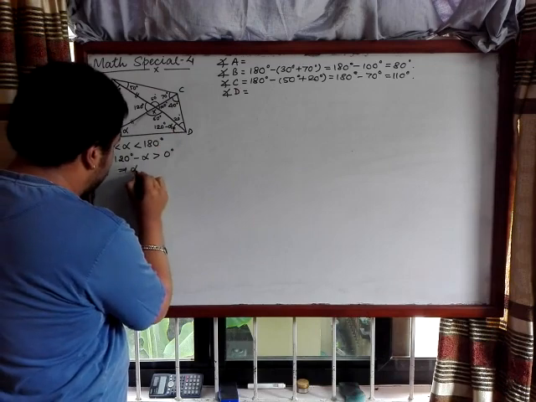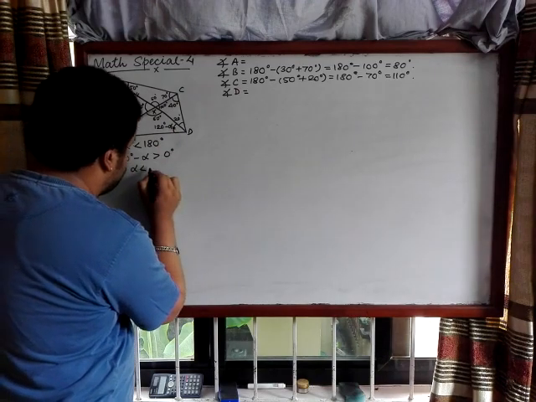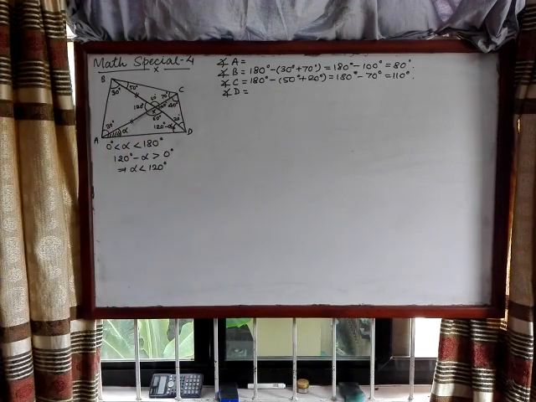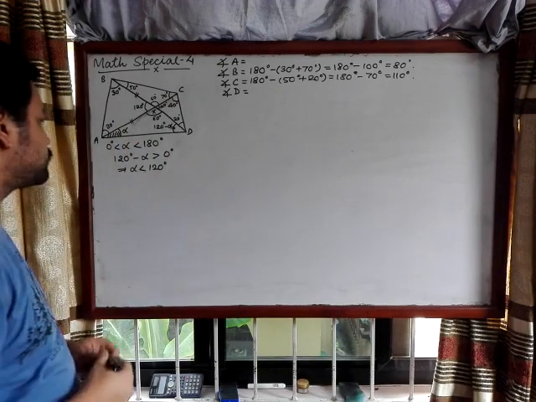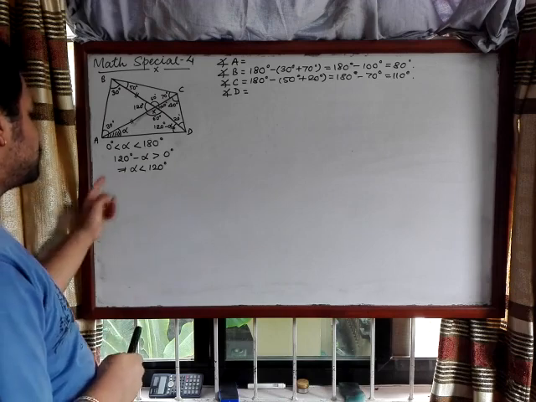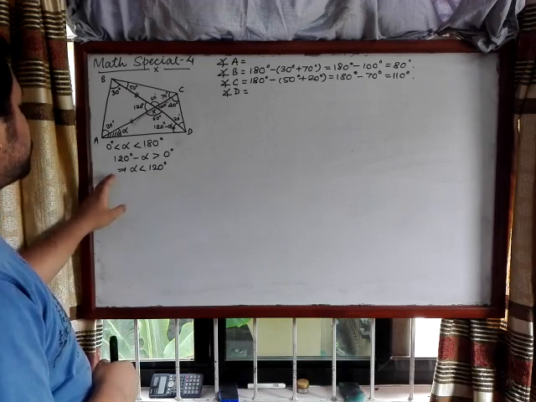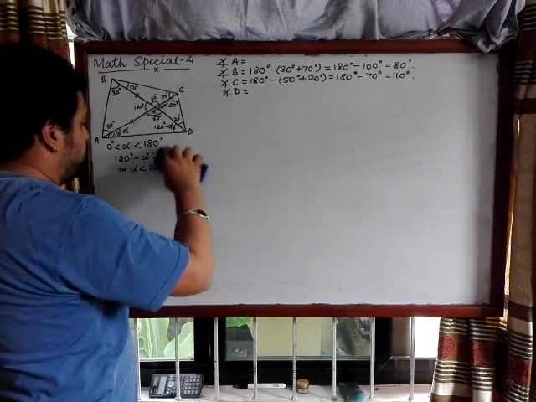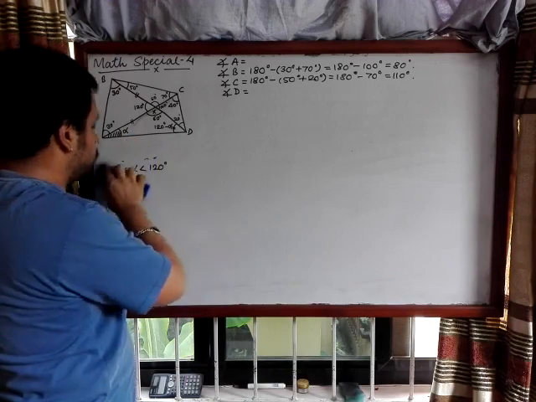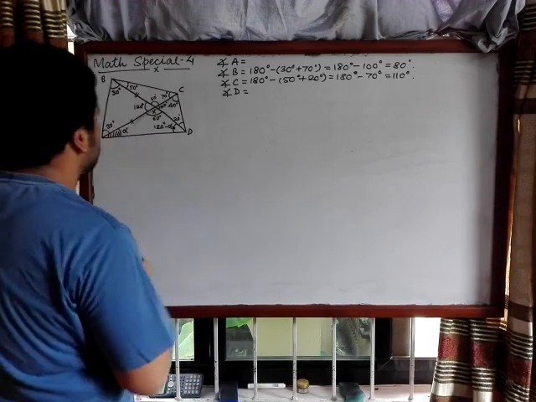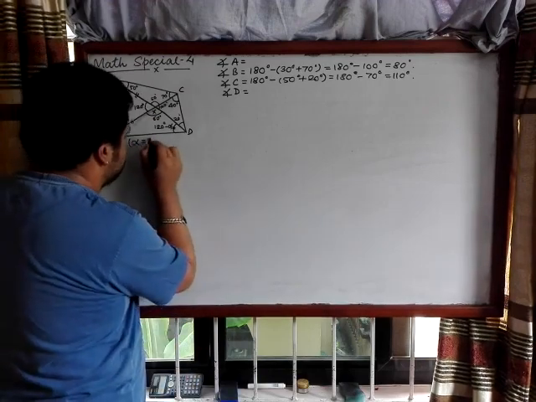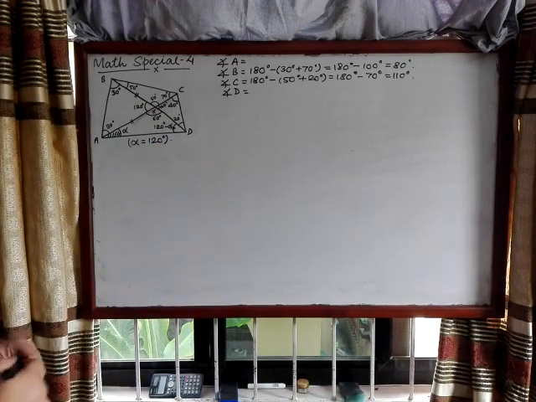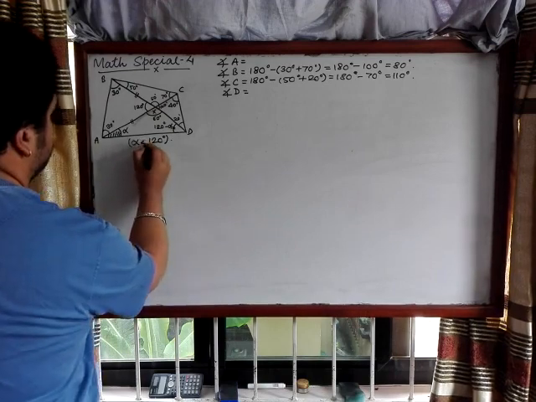So alpha must be less than 120 degrees. We note that. We'll need it later on in our calculations.